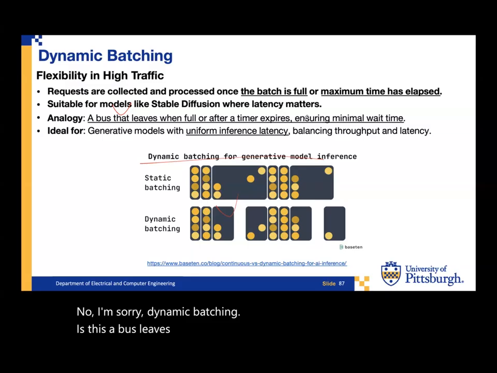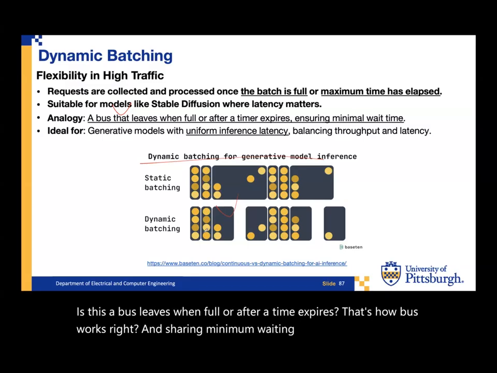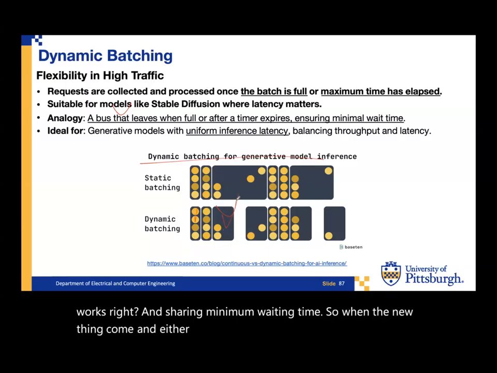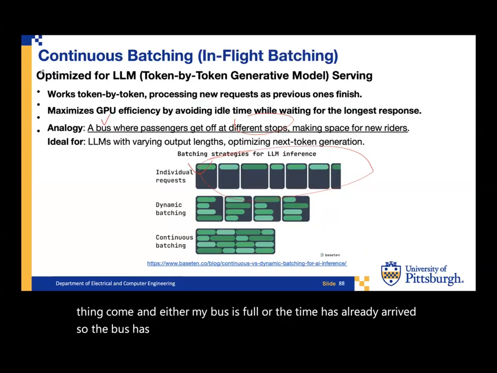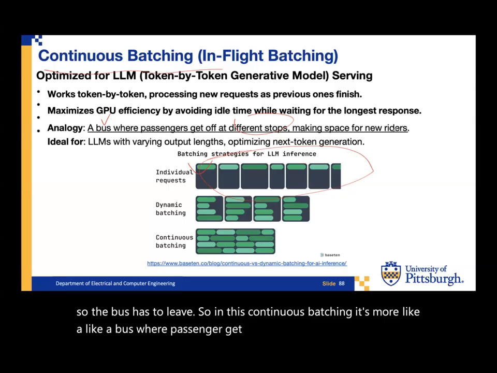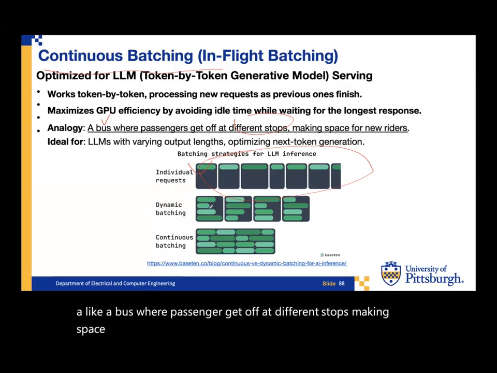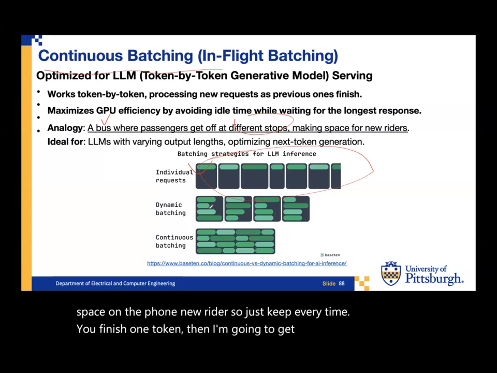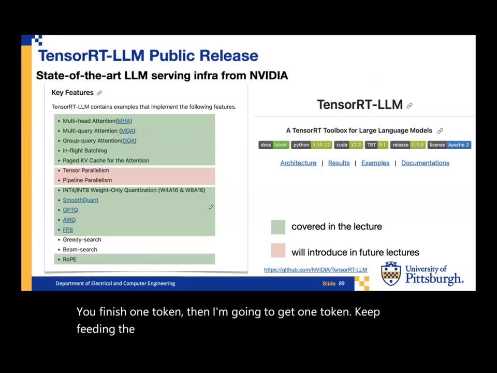That's how a bus works, right? Ensuring minimum waiting time. When either my bus is full or the time has arrived, the bus has to leave. In continuous batching, it's more like a bus where passengers get off at different stops, making space for a new rider. So every time you finish one token, I'm going to get a new token, keep feeding the space.